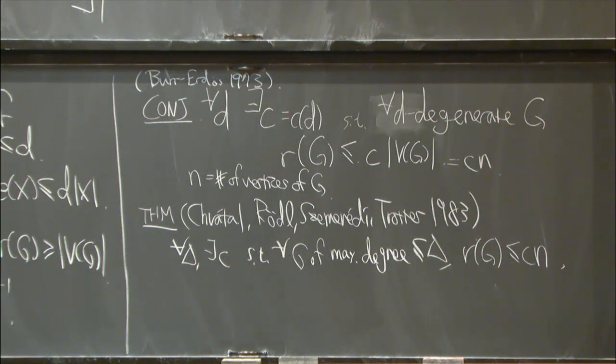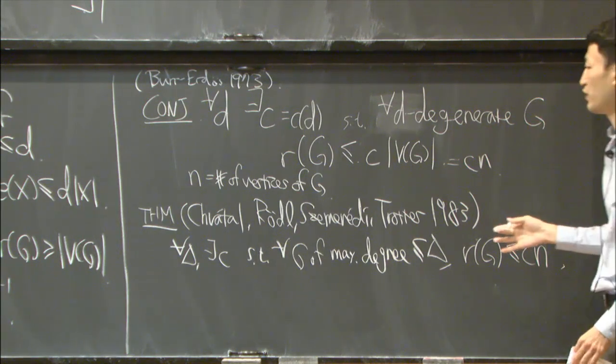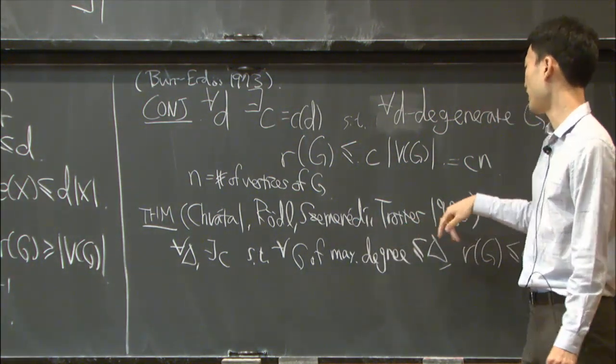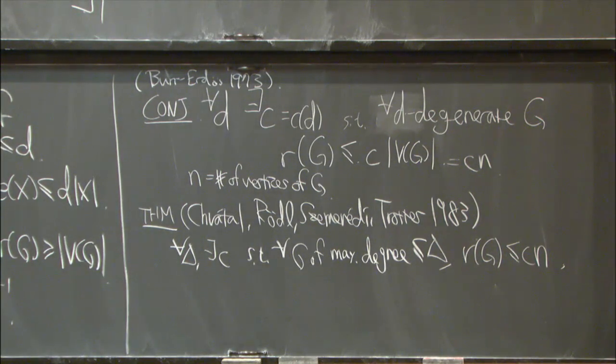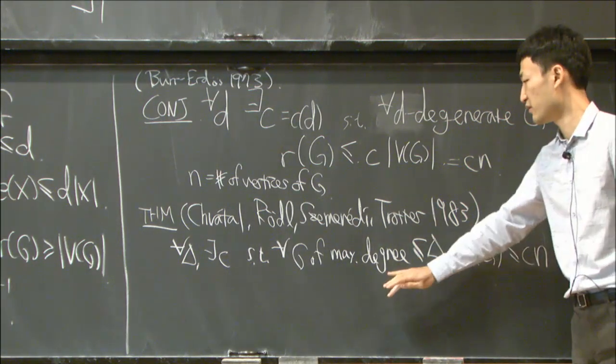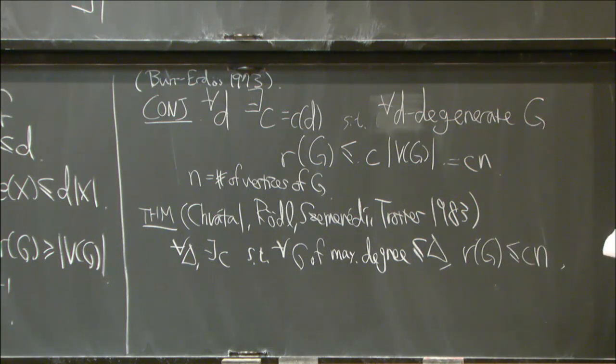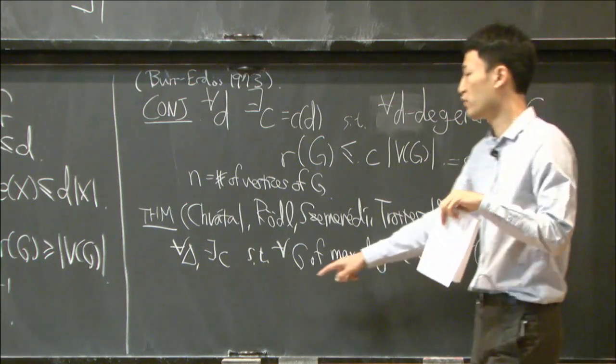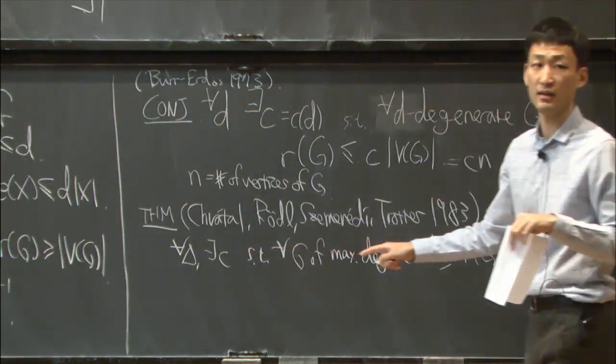And the interesting story behind this theorem is that it was one of the first applications of Szemerédi's regularity lemma, other than Szemerédi's theorem itself. By now, the technique is quite standard, but at that time, I would suspect it was a very interesting development. But on the other hand, because it used Szemerédi's regularity lemma, the dependence between delta and c is really bad.